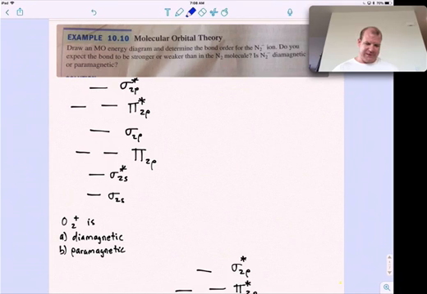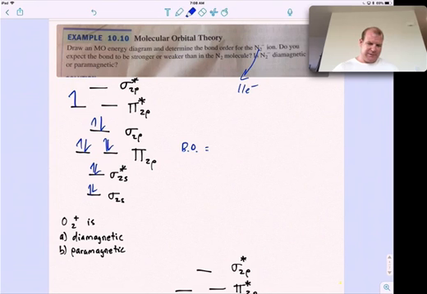Okay, lots of questions. N2 minus, this is 11 electrons. 5 from each of the nitrogens, plus 1 for the minus 1 charge, is 11. So let's put 11. 1, 2, 3, 4, 5, 6, 7, 8, 9, 10, 11. Bond order is how many are bonding.